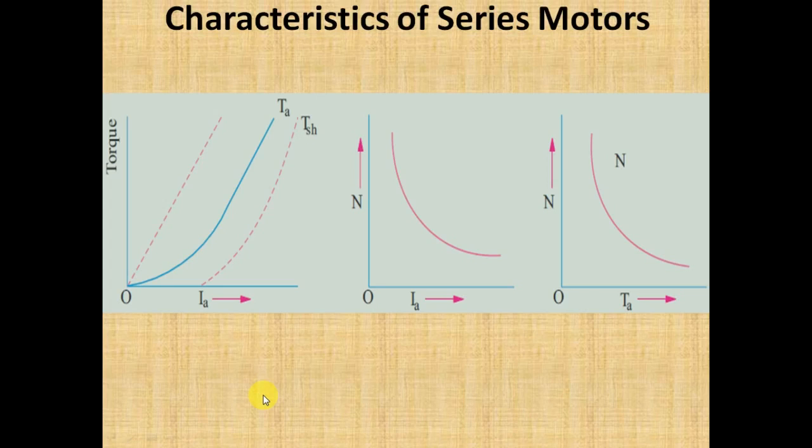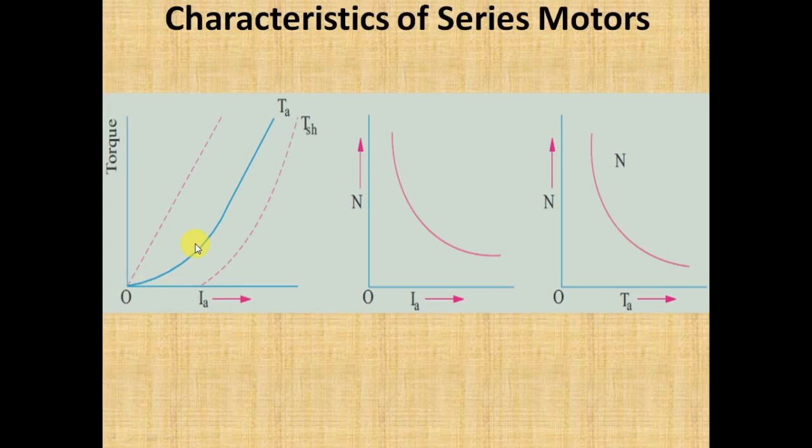So it's very clear that before the magnetic saturation region, phi will be directly proportional to Ia, and once the magnetic saturation is achieved, phi will not have any dependency over the armature current. Now let's apply this in the basic torque relation, that is armature torque is directly proportional to phi Ia.